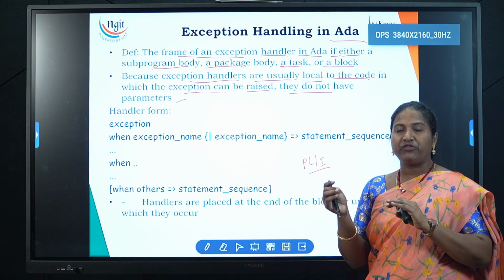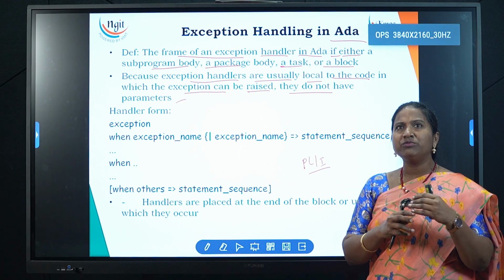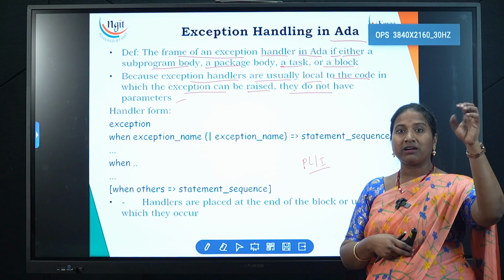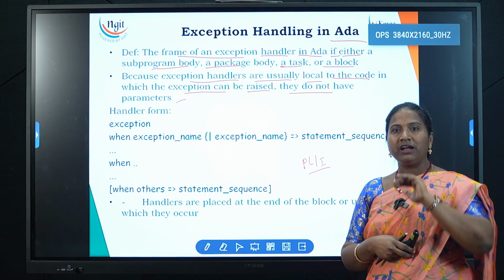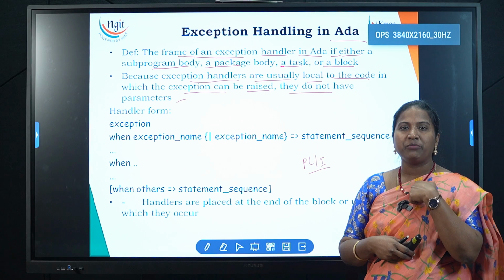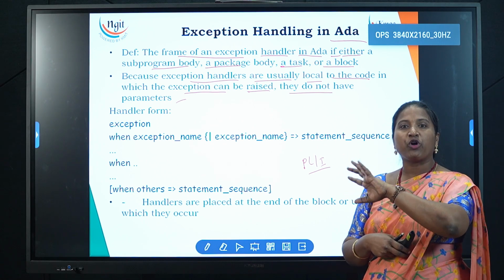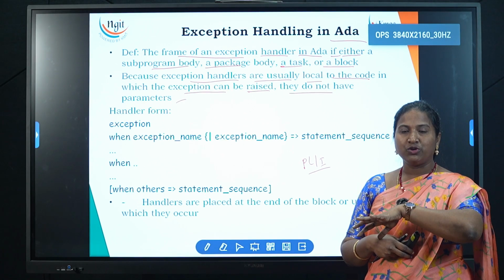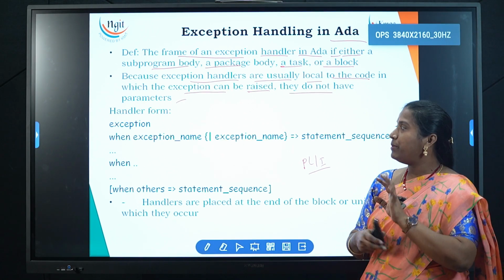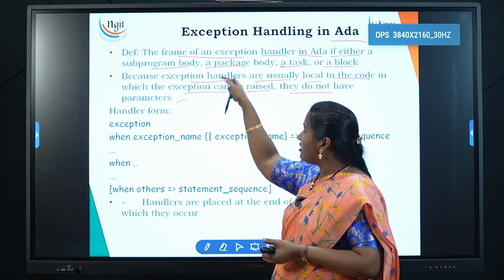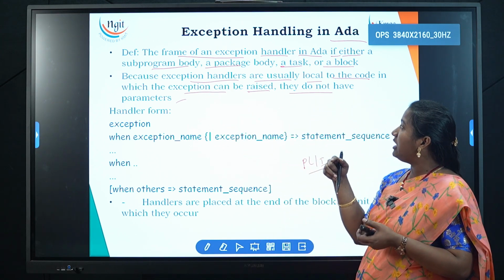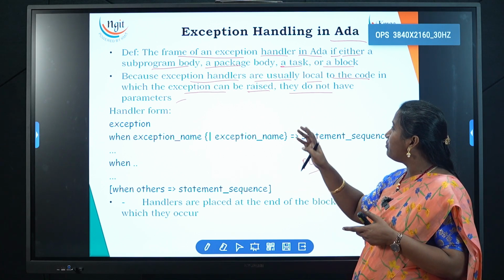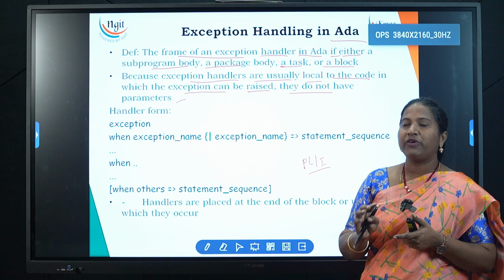If it is outside, say we wrote an exception somewhere, it occurs somewhere else, and handling is done elsewhere, then we need a parameter to propagate it to the handler and execute it in this block. But here we are talking about handlers that are local to the code where the exception is raised, so we don't need any variable.